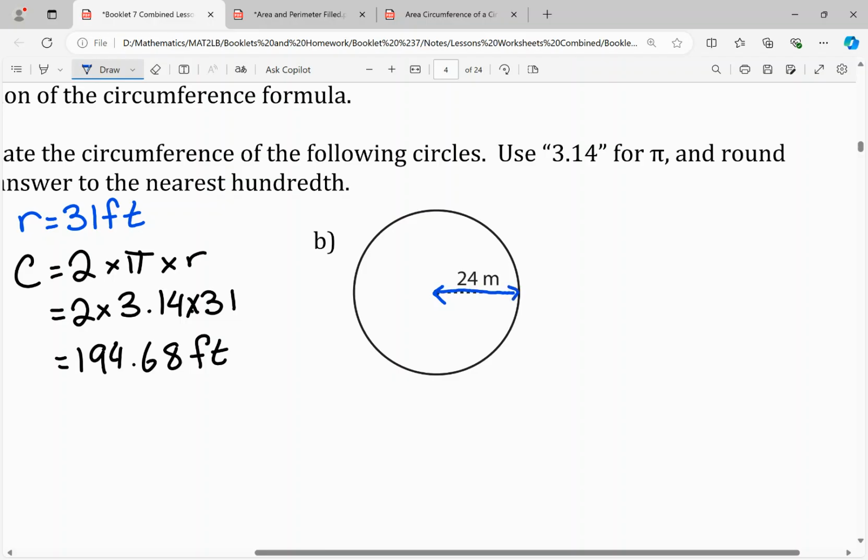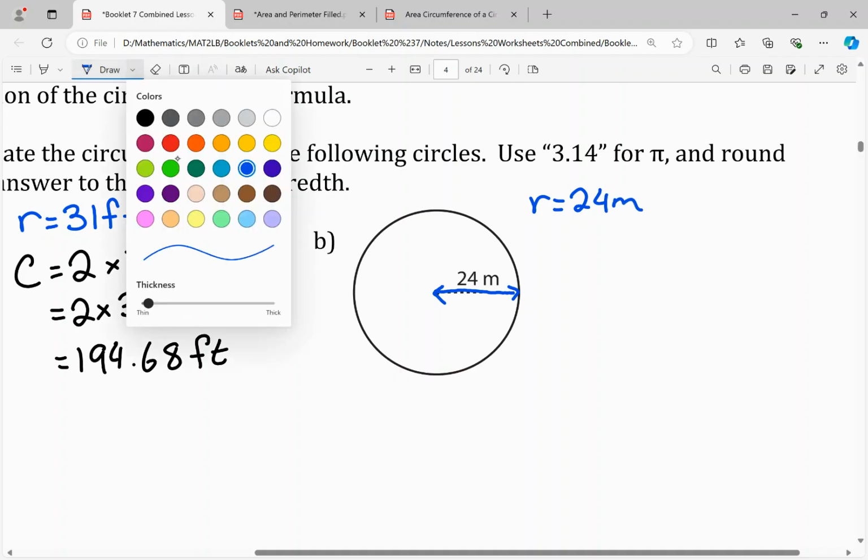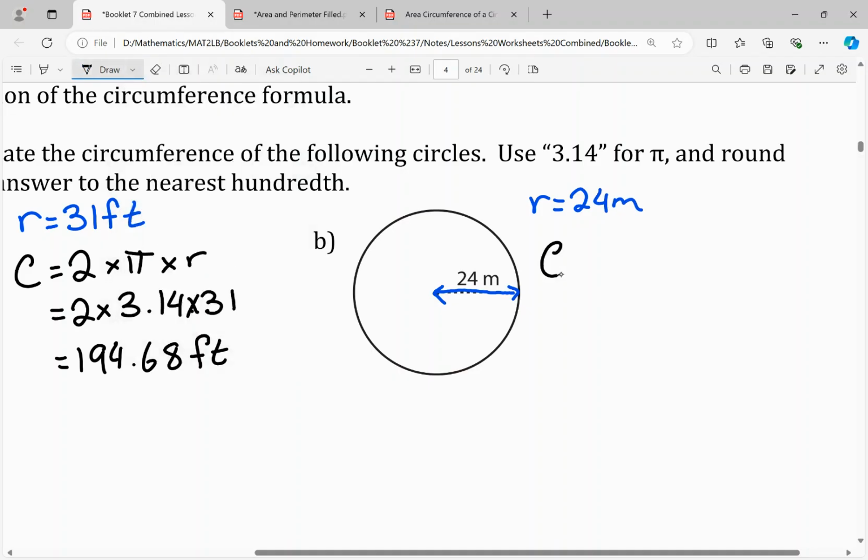This last example, try on your own. Make sure that your answer matches mine. Our radius, which is equal to 24 meters here, is going to be used in the equation circumference equals 2 times pi times the radius, or plugging in the numbers, 2 times 3.14 times 24.